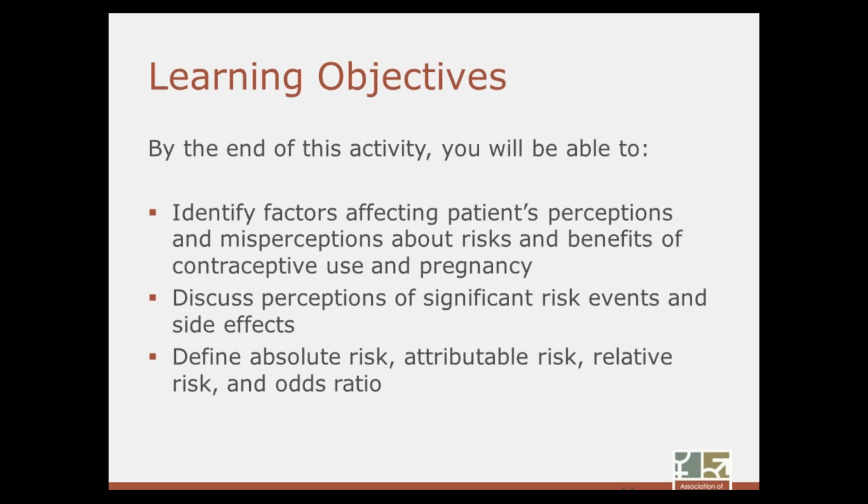Okay, so what are we going to talk about today? By the end of this activity, I want all of you to be able to identify the factors that affect how our patients perceive and misperceive risk, and also how they use that to think about contraception and pregnancy. To be able to define some basic terminology, including absolute risk, attributable risk, relative risk, and odds ratio.